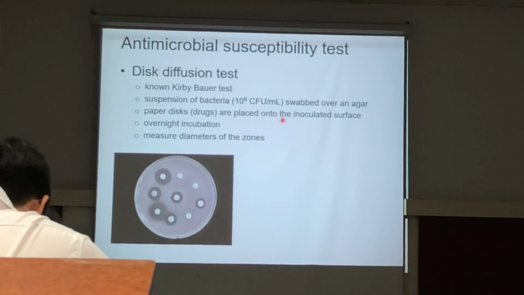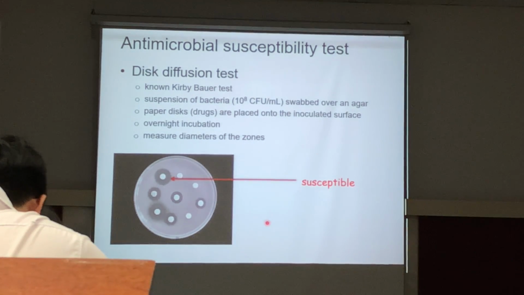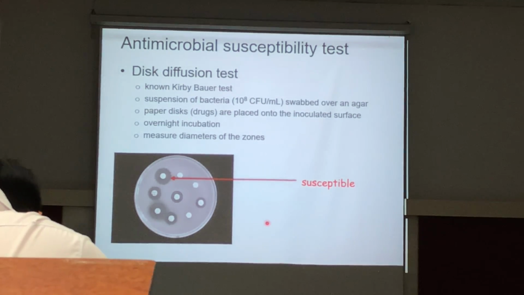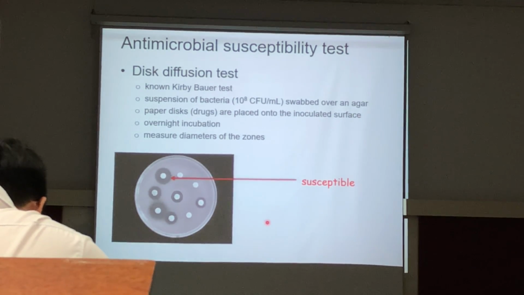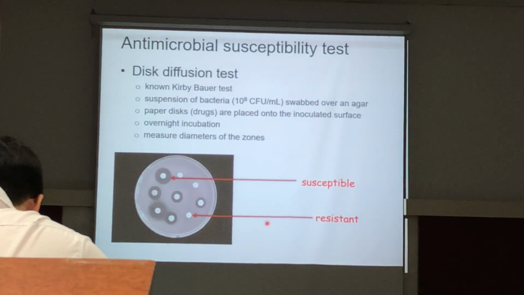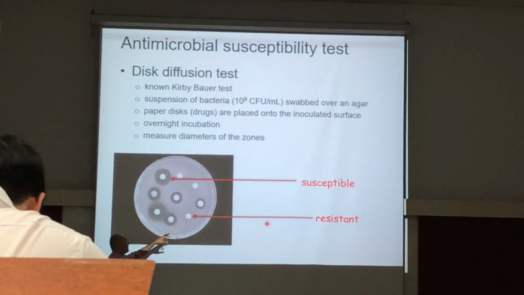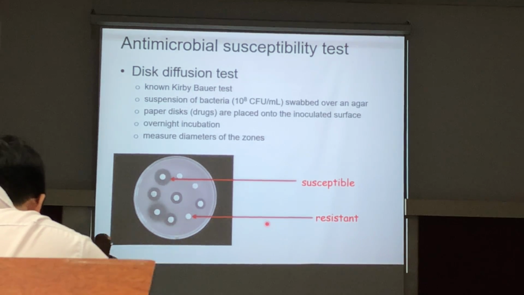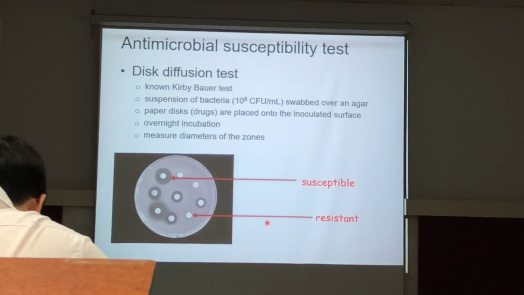Of course, if you want to check, this should be susceptible, because you see that no bacteria has grown close to the antibiotic, to the paper disc, and this will be resistant, because this drug looks to have no effect on the bacterial growth.